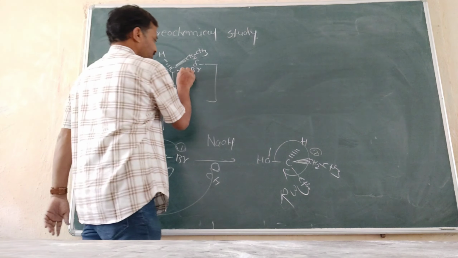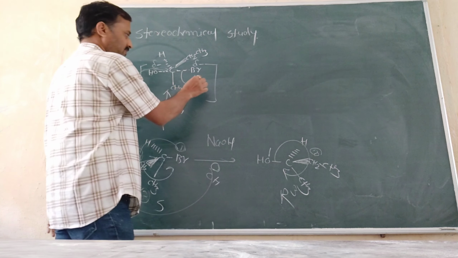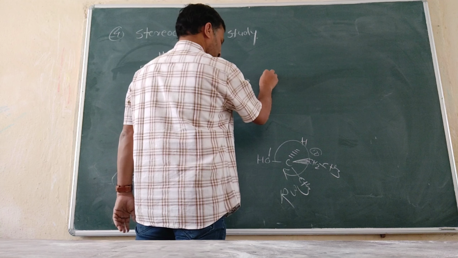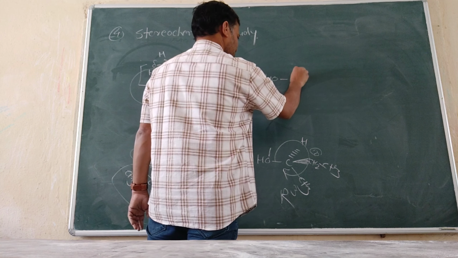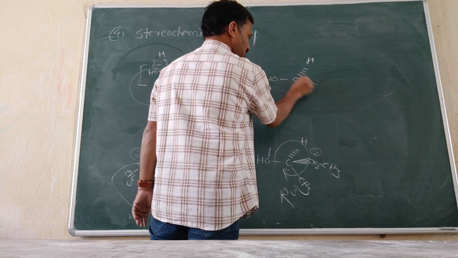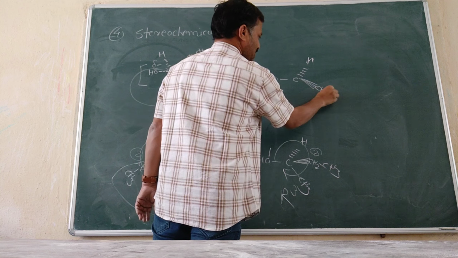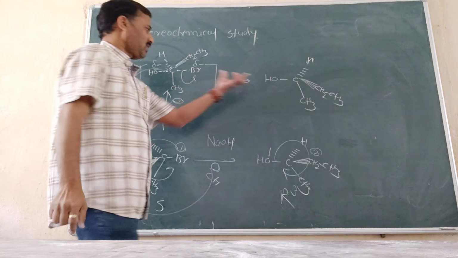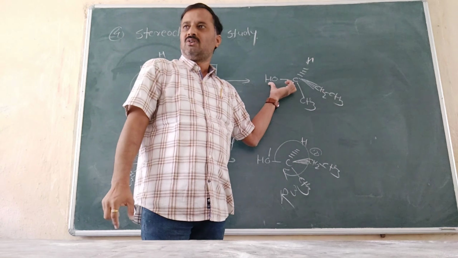The next step is that we get OH, C, H, CH2CH3 and CH3. There is a complete formation of the bond between this carbon and oxygen.